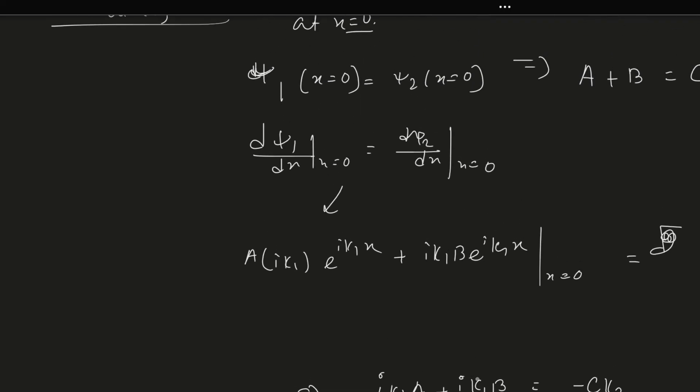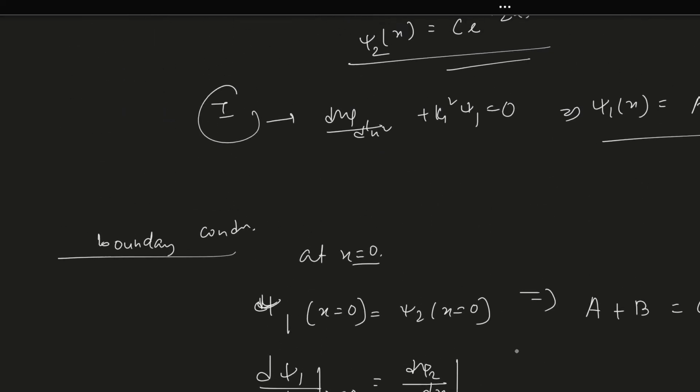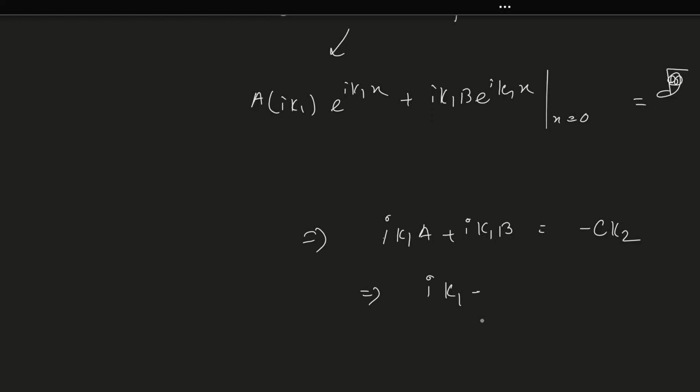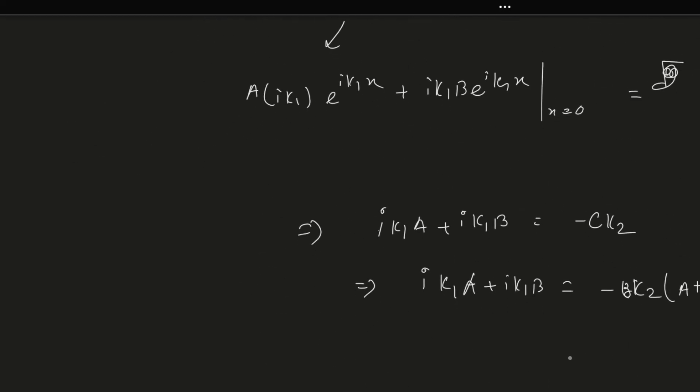Now you can get your C value from here, that C equal to A plus B. So i k1 A minus i k1 B equal to minus k2 (A plus B).